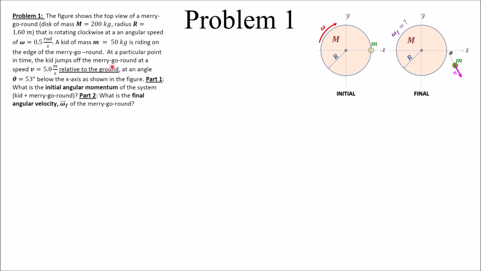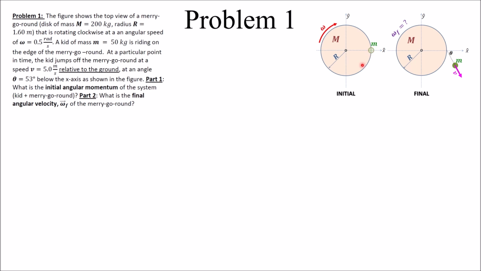So let's apply this to two different problems. This first problem has to do with a merry-go-round with a radius of 1.6 meters and a mass of 200 kilograms, so we actually have some numbers here. We have a kid as well, 50 kilograms, riding on the edge of the merry-go-round.